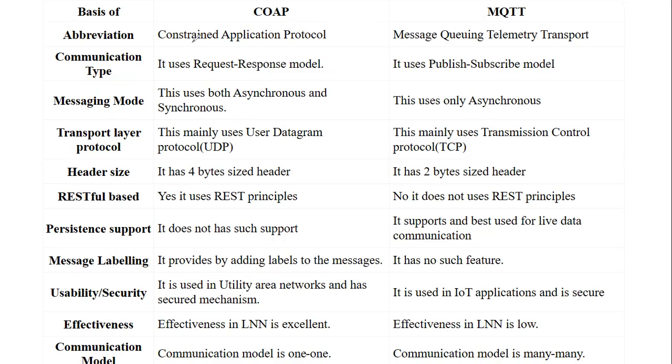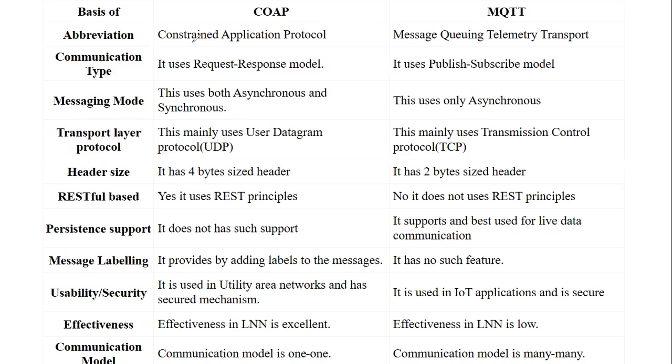The Constrained Application Protocol uses the REST principle, whereas MQTT doesn't use this principle. And the Constrained Application Protocol provides persistent support, whereas MQTT supports only specific data communication.